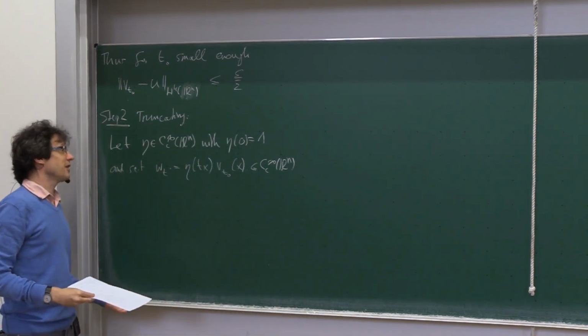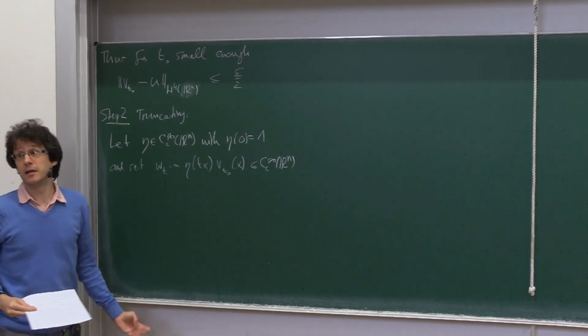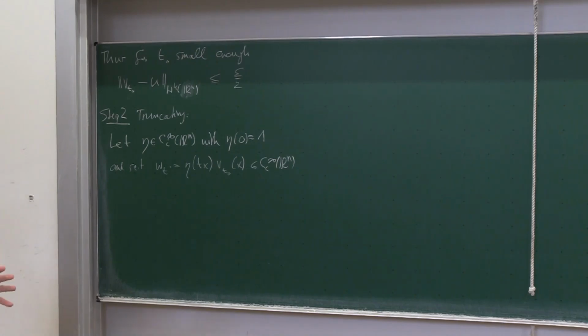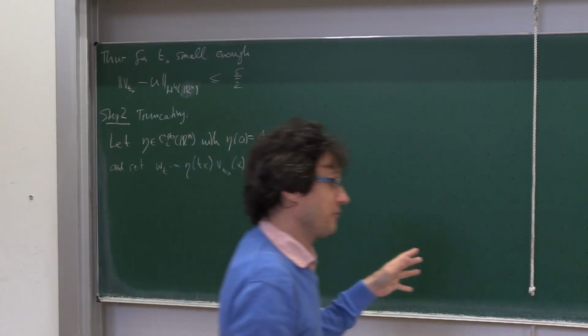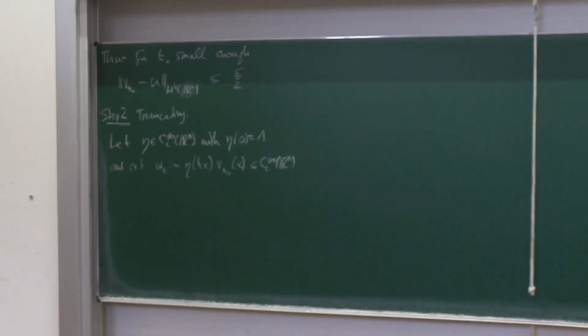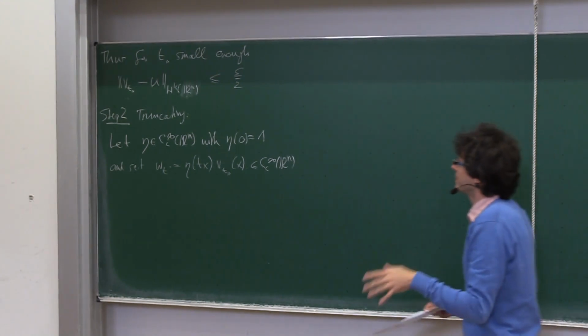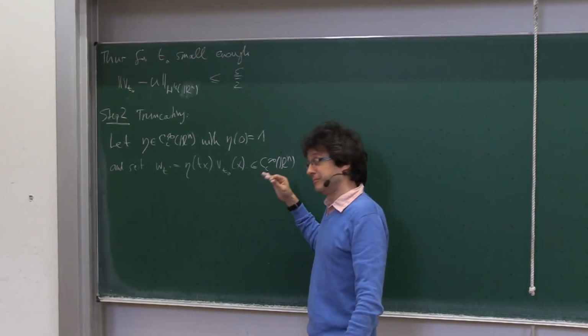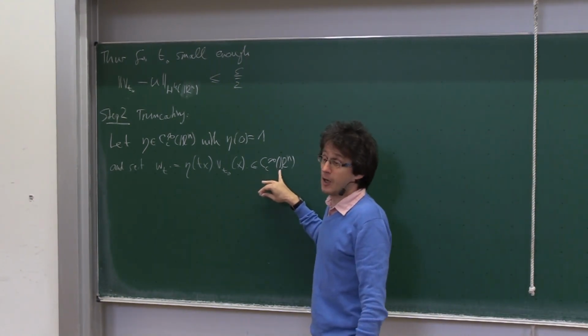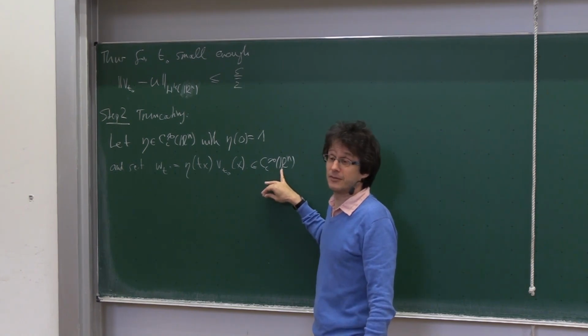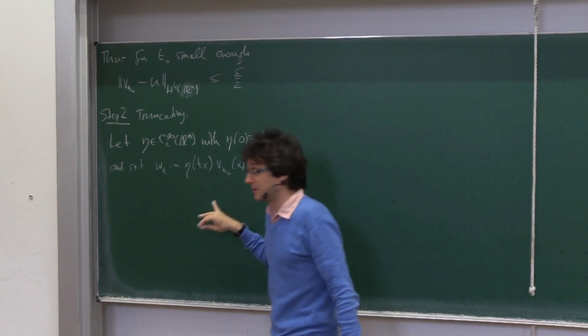As a C infinity function, it is also in HK, because a function that is continuous and compactly supported will be L2. And all the derivatives, all the classical derivatives, being the same as the weak derivatives, are also C infinity functions, so also in L2. So there's no problem.